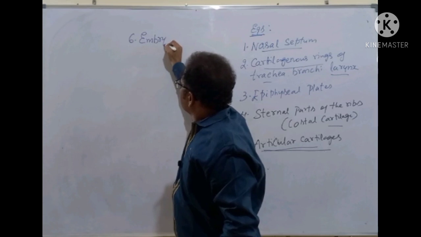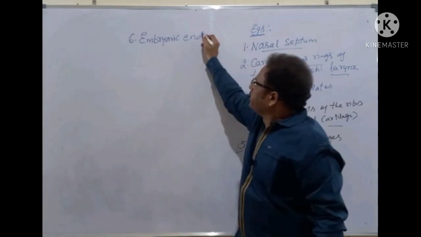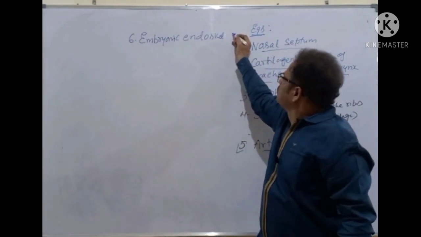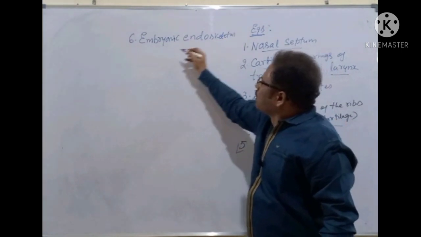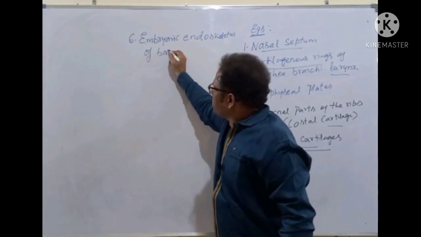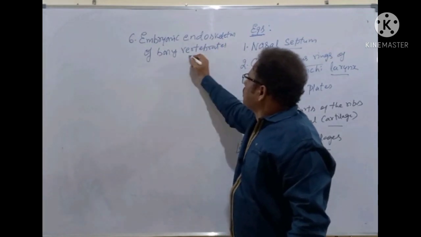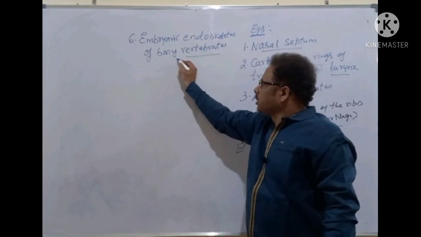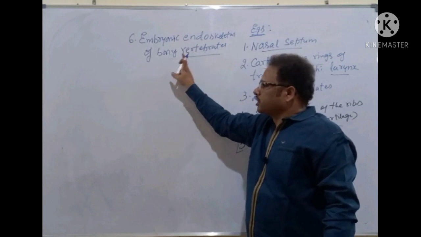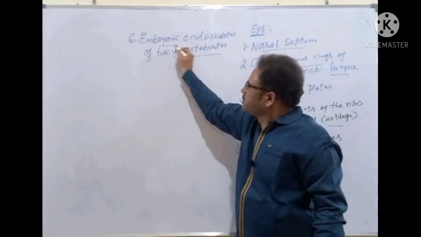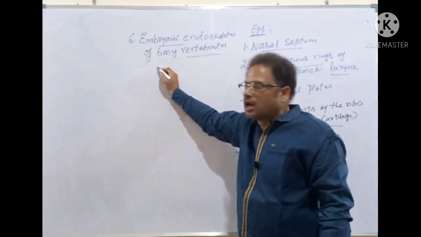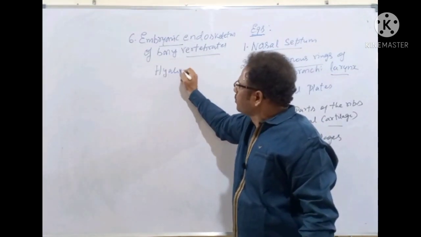Embryonic endoskeleton of bony vertebrates. Actually, what's the endoskeleton of bony vertebrates? Bone. But in the embryonic stages, it's a cartilage. Which type of cartilage? Hyaline cartilage.